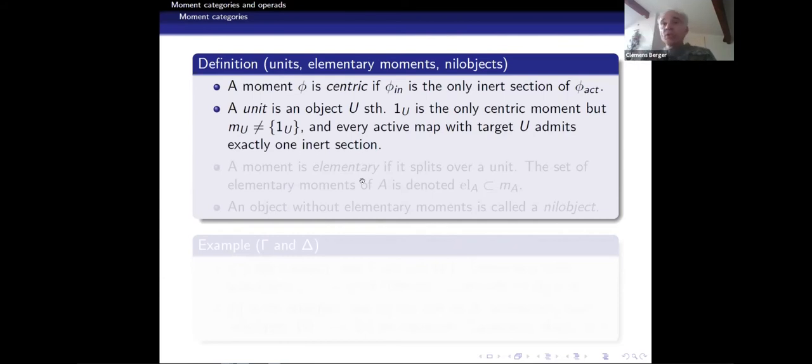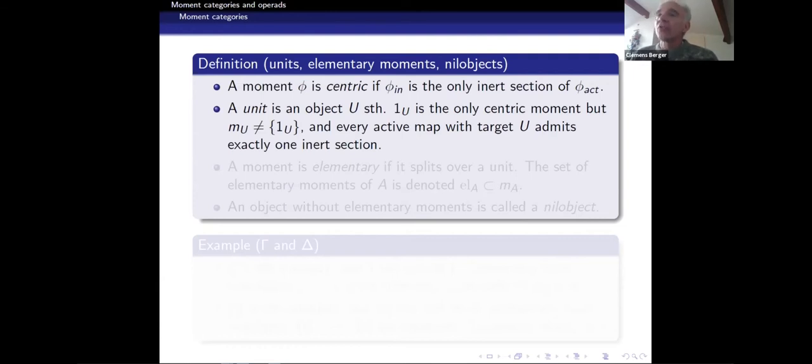Then one can define what is a unit. This is a very important definition. Of course, I cannot explain all the aspects of this notion. Formally, a unit is defined by the property that the identity of the object is the only centric moment.